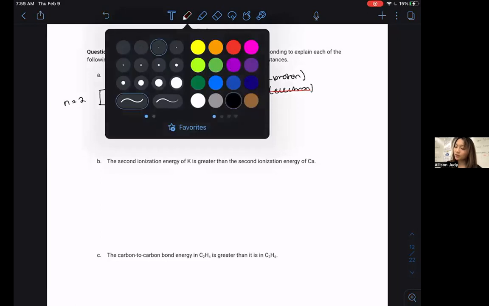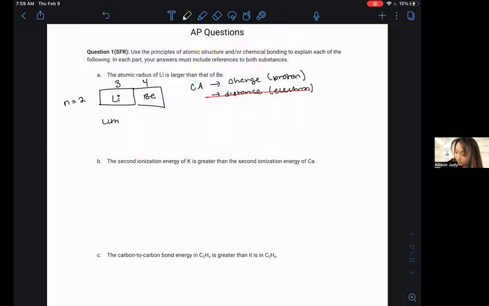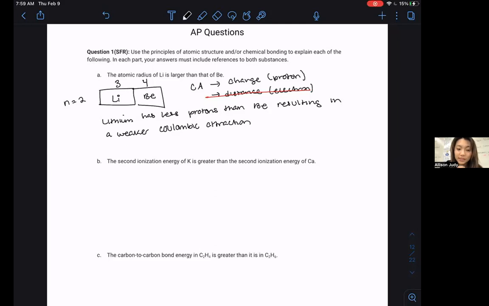So then we look at proton count and we say to ourselves, oh, well, lithium has less protons than beryllium, resulting in a weaker Coulombic attraction experienced by the electrons.